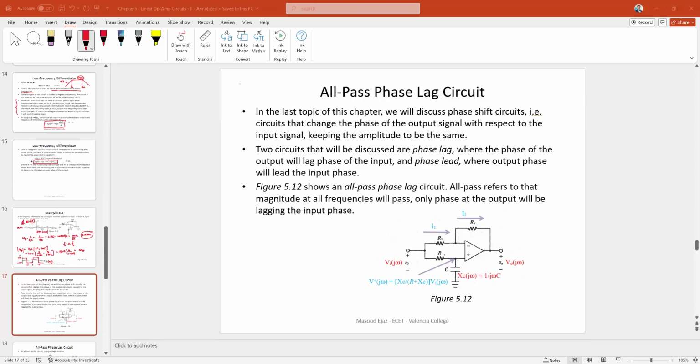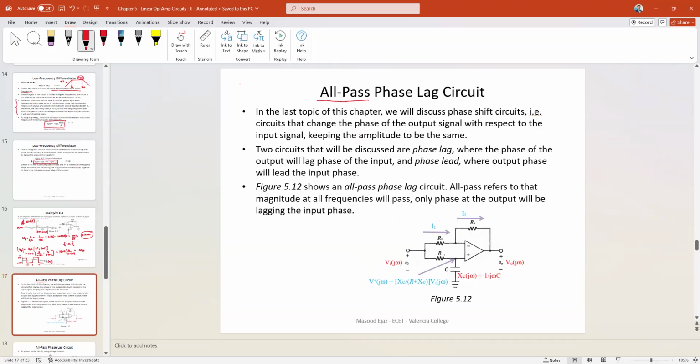So we are going to start with the discussion of all pass phase lag circuit. The term all pass means that the magnitude of the output is not going to change. It is going to be the same as the input magnitude. However, the only thing that is going to change at the output is going to be the phase of the output signal, which will be lagging the phase of the input signal.